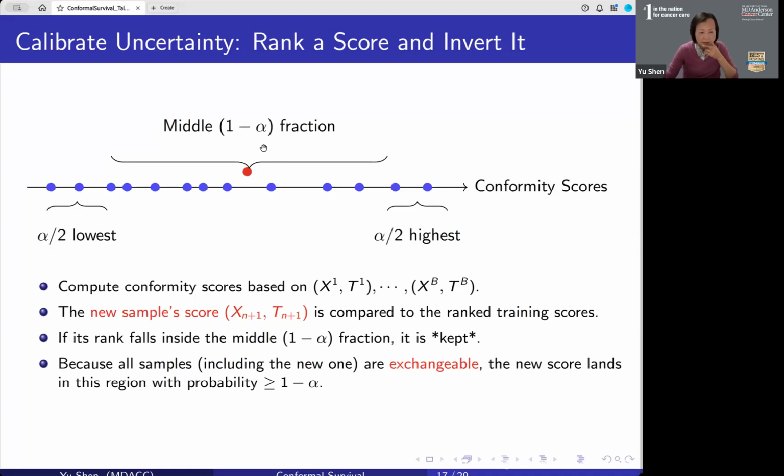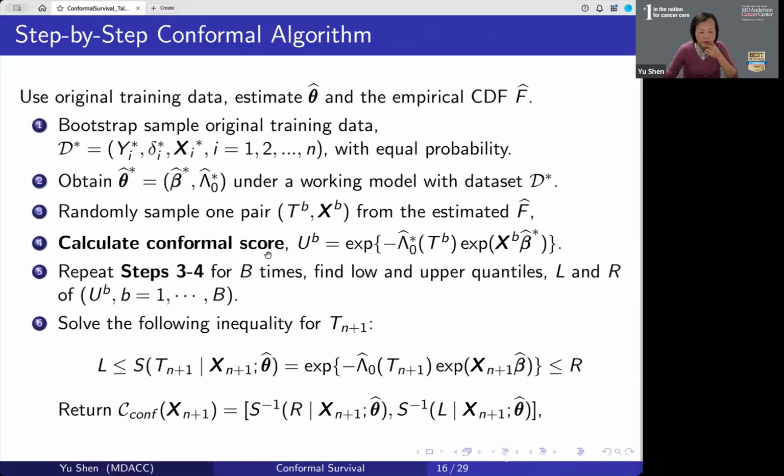So basically, theoretically it's just to solve the following inequality for t sub n plus 1. So now we can solve for that t from this inequality. But remember the R and the L, those are the left and the right quantiles of 1 minus alpha.